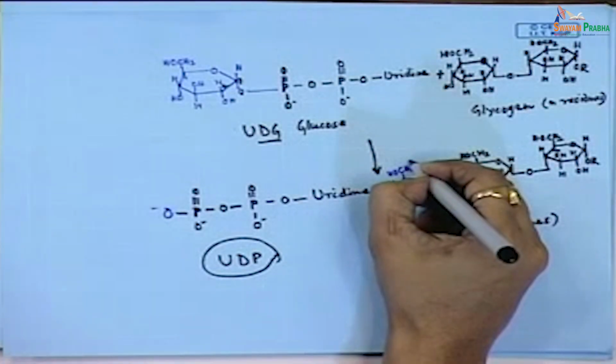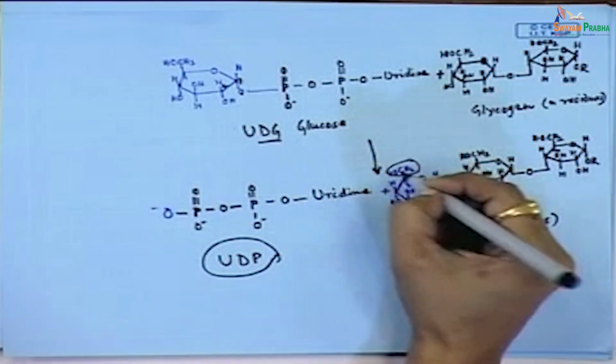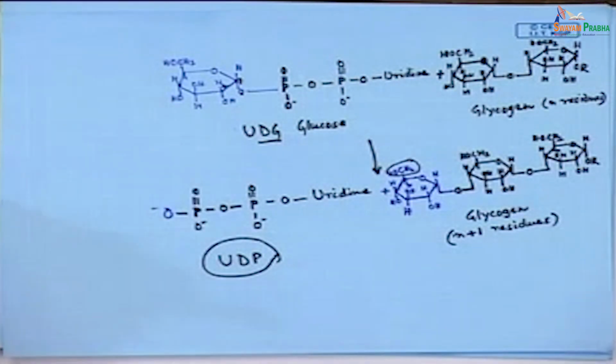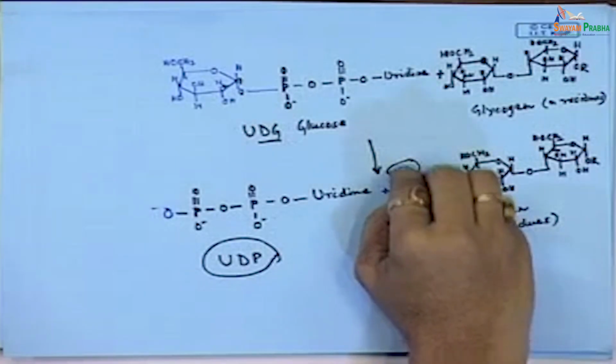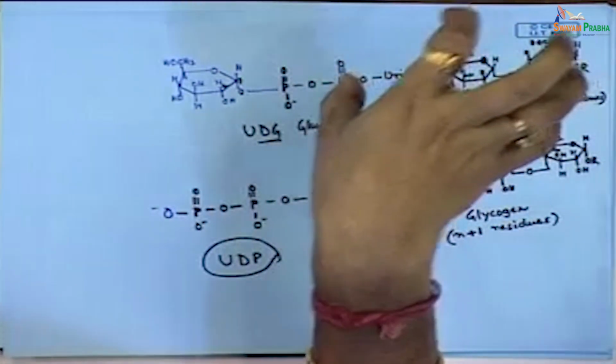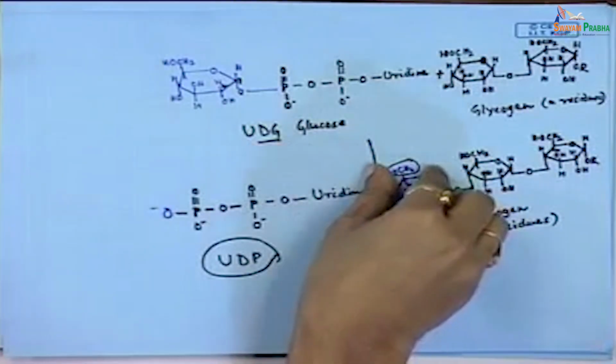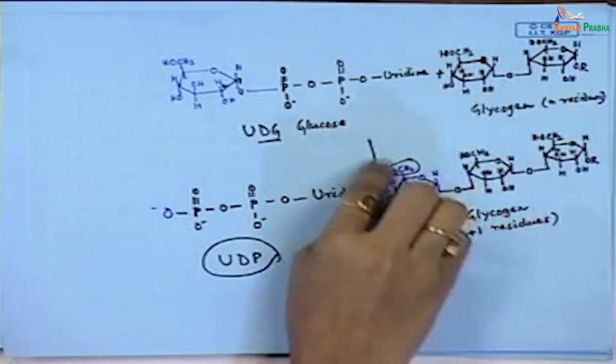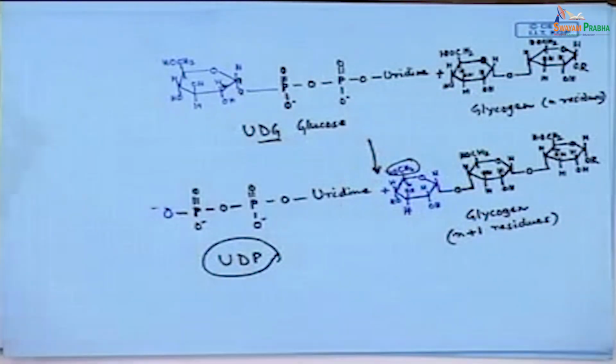From here the branching of alpha 1,6 linkages starts, which completes the actual glycogen structure. So one is the linear chain, another is the branch chain, and here this branching is taking place, and this way the glycogen is getting synthesized in the cell.